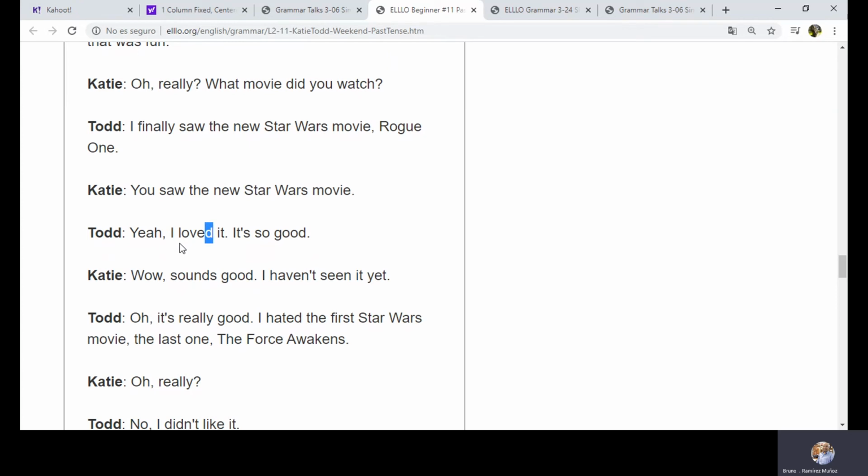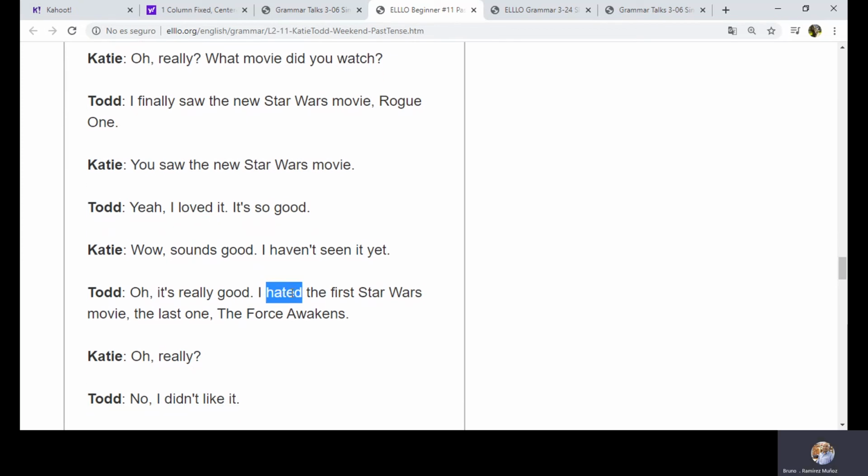In past tense, though, it would be "I loved it." That's how the other person, the one who is listening to you, can understand you are using a past tense verb and not a present tense, right? Check out the difference again. I love it. I loved it. Okay? Loved it would be past tense, right?